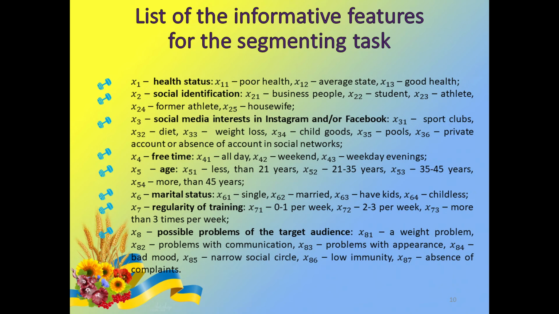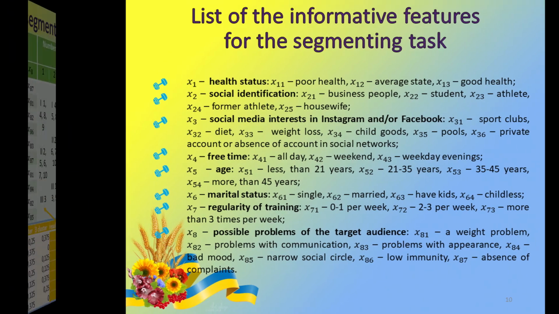The purpose of the third segment of clients is the organization of leisure that is more entertaining than strengthening the body. The result in this case is the acquisition of new acquaintances, an interest in pastime, and an increase in self-esteem. To solve the segmentation task, the following indicators have been proposed.